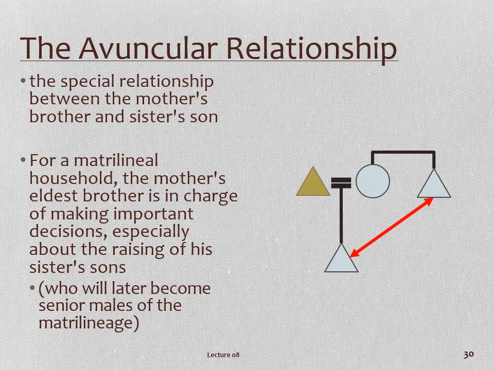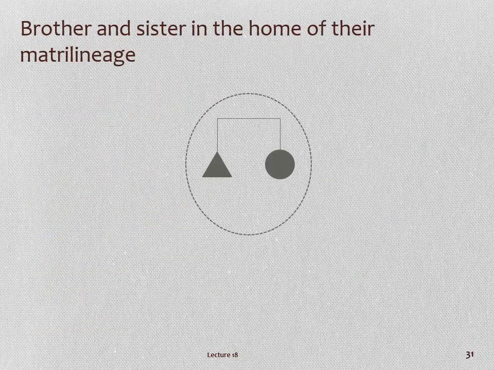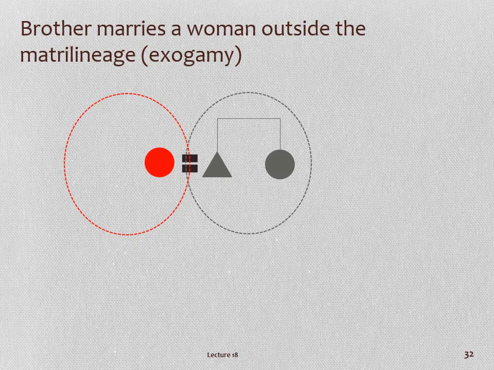And the avuncular relationship has some consequences for residence patterns. First, most matrilineal societies are also matrilocal. We see here an unmarried brother and sister living in their mother's home. The brother will eventually marry a woman of a different lineage, a practice called exogamy that we'll discuss more next time.